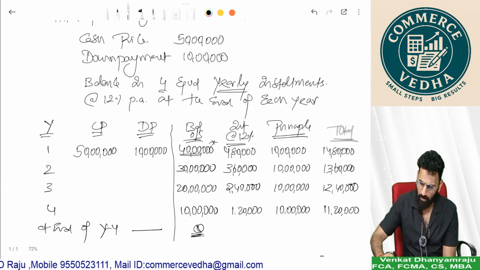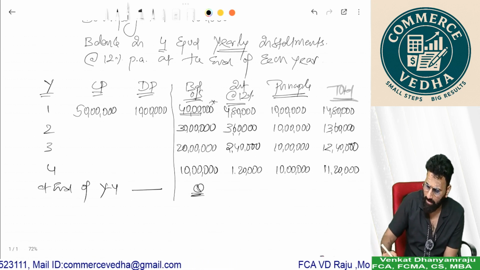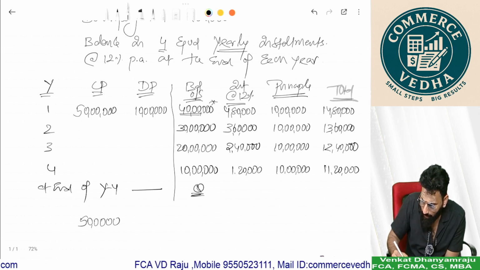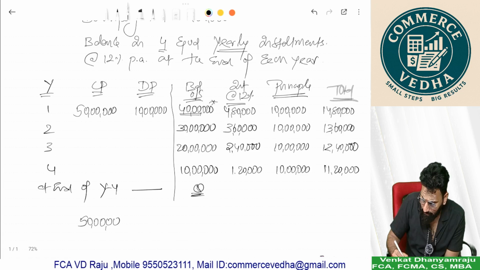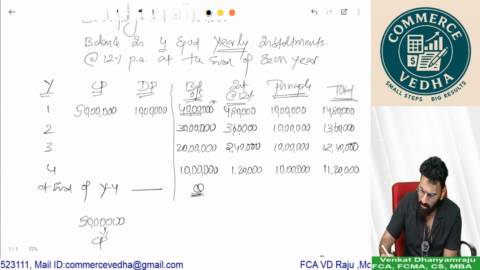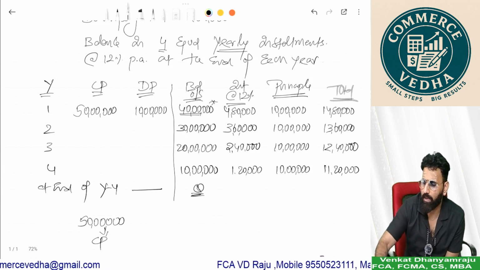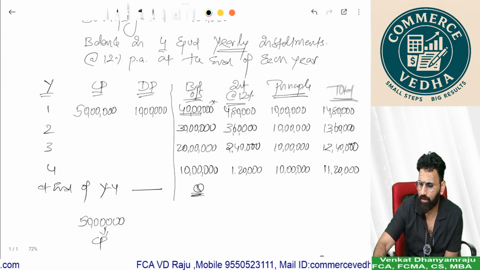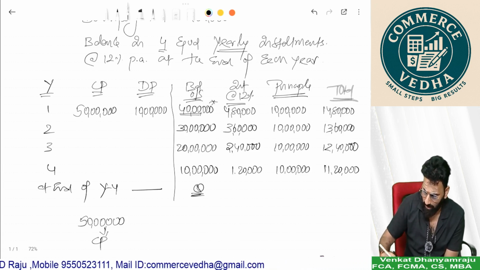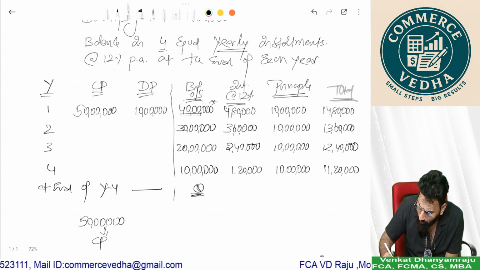If you see this question itself, your cash price is 50 lakhs and your interest here is 480 plus 360 plus 240 plus 120. Interest is 12 lakhs.